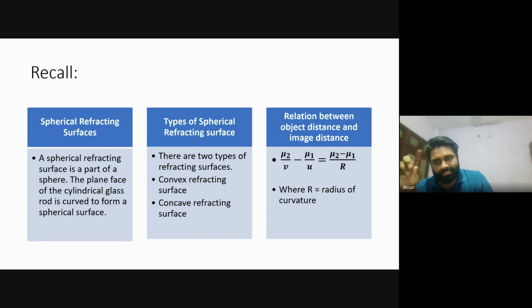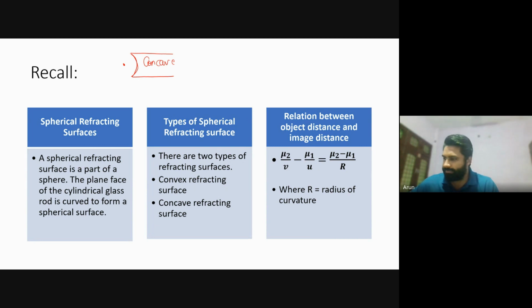And if the center of curvature of this part lies outside the surface, it will be a concave one. I will draw it for you. This is the cylindrical rod. If we cut this section like this, the center of curvature lies here, which is outside. So this is the concave refracting surface. Got it?